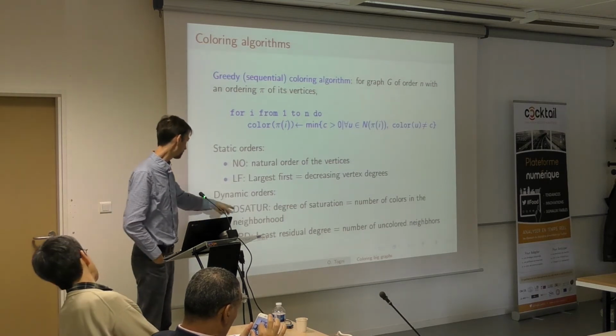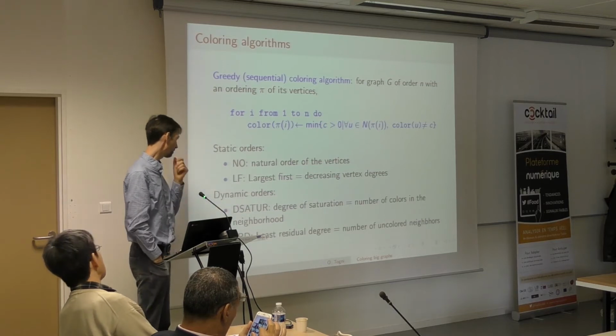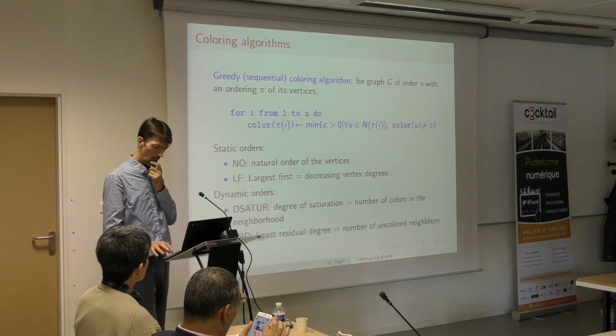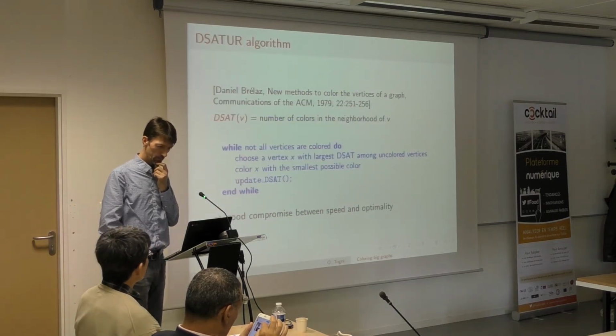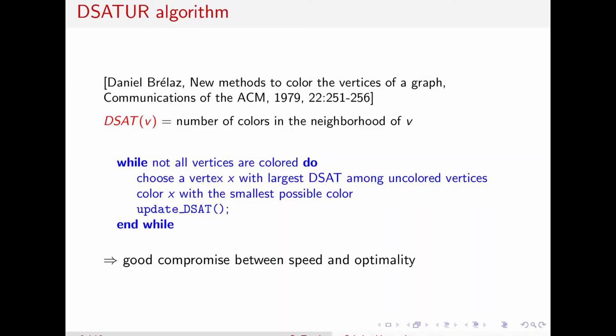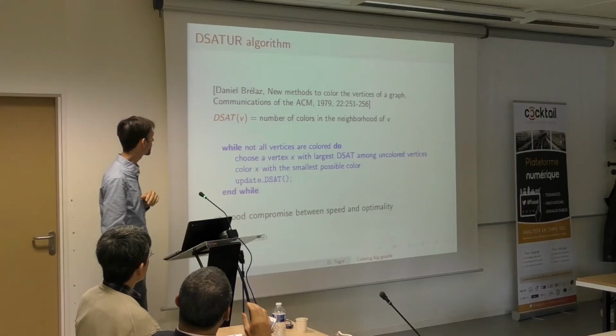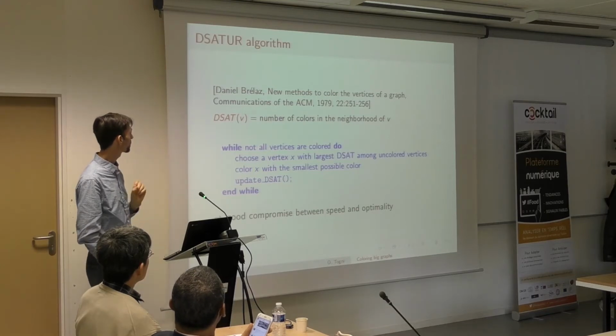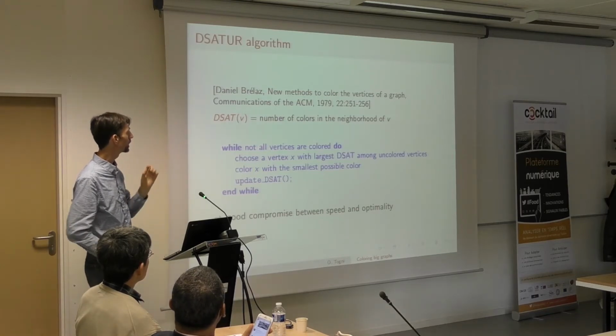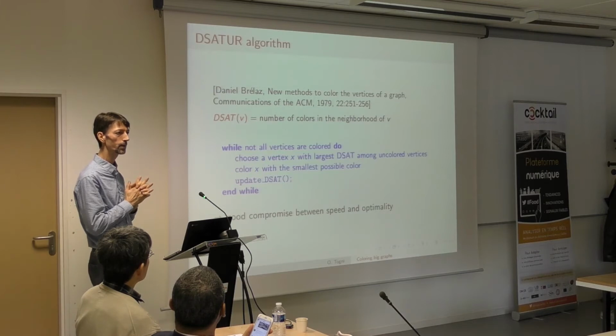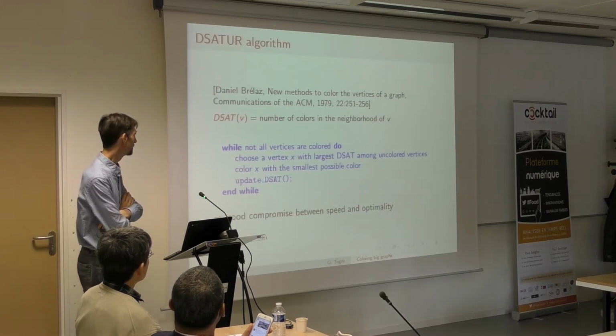For instance, I will use the DSATUR algorithm. I will present it here. It is due to Daniel Brélaz. Basically, for each vertex, we have to know how many colors this vertex has in its neighborhood.